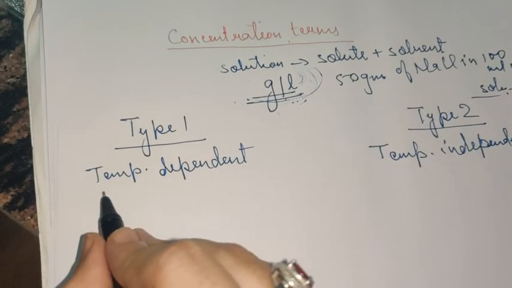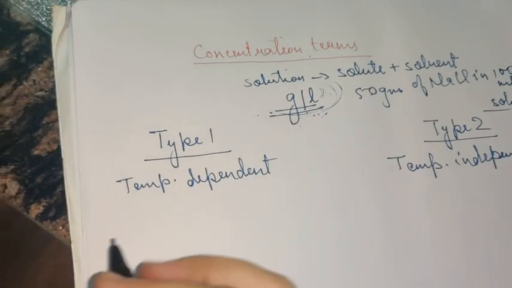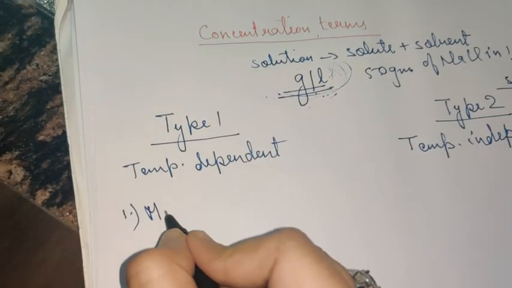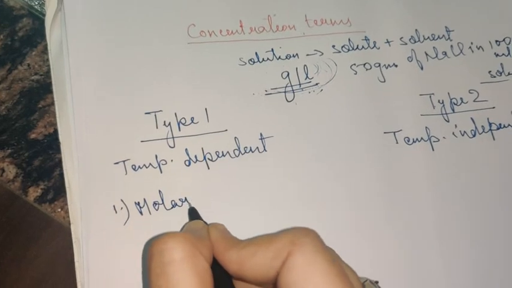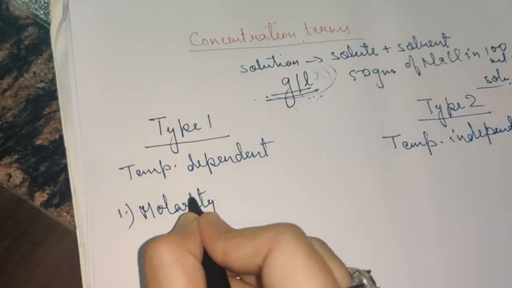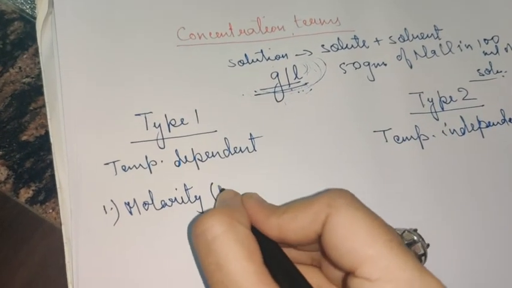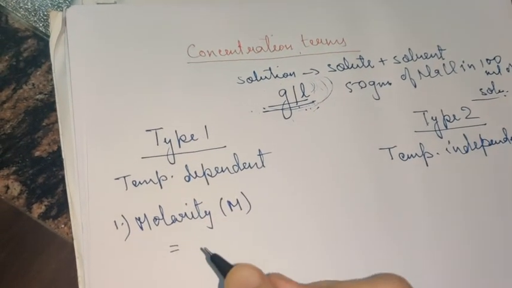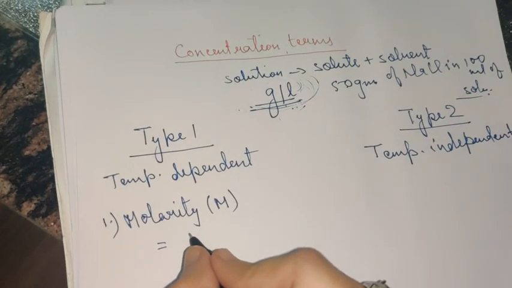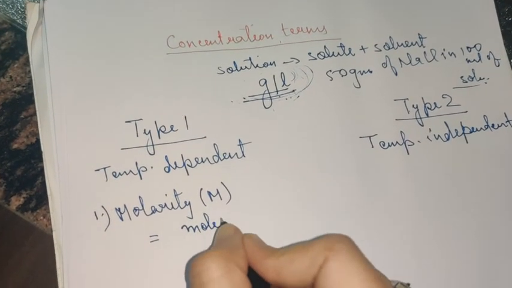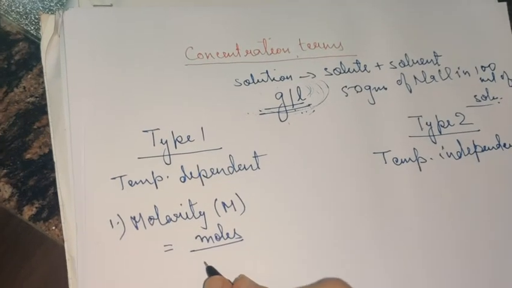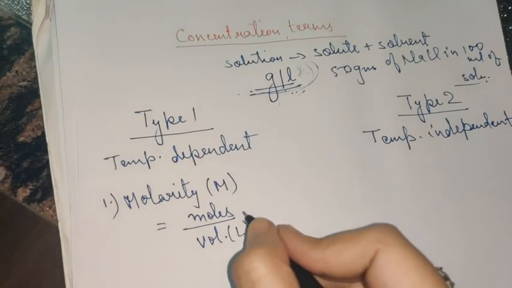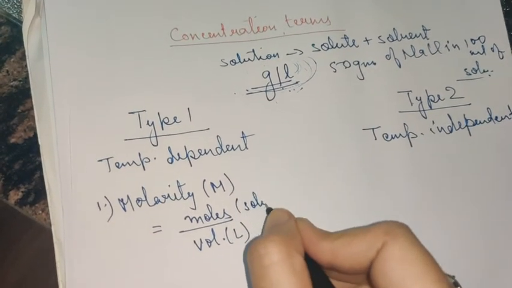First of all, I am considering the temperature dependent terms. The first temperature dependent concentration term is molarity, a very commonly used one. Molarity is indicated by capital M. This is moles of solute upon volume of solution in liter.